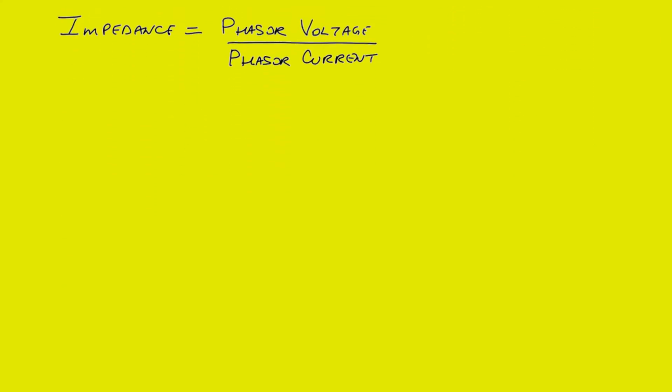Impedance is very commonly used, and it's given the symbol uppercase Z, and it will be equal to our voltage at whatever angle the voltage is through the element divided by the current through the element, both of them expressed in phasor form.